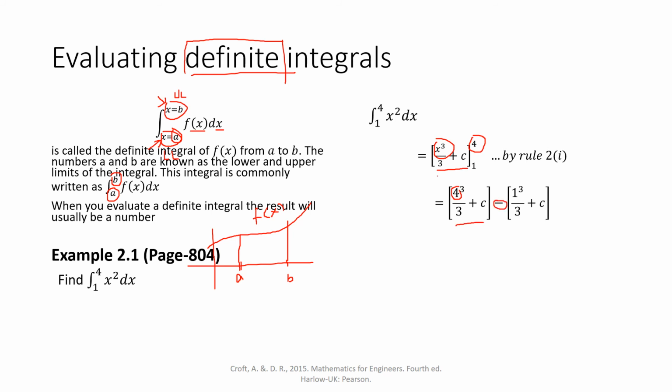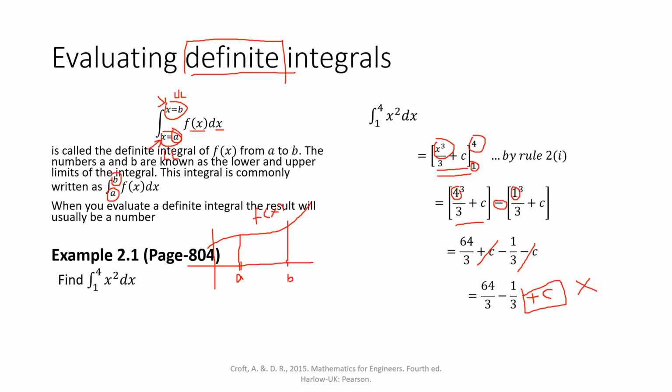Now the same bracket will be done for 1. If there is any x, plug in the x value. No more x, that's it. Now removing brackets, simplifying numbers, this c and this c will be cancelled. So in the definite integral, we don't see any constant of integration.